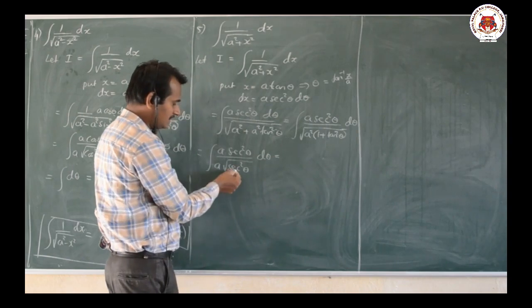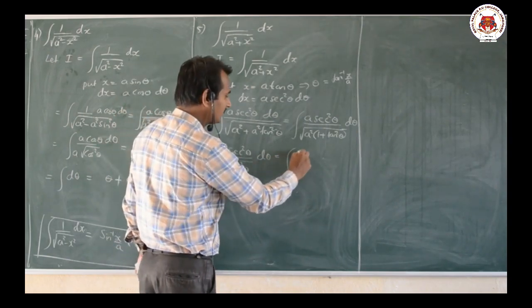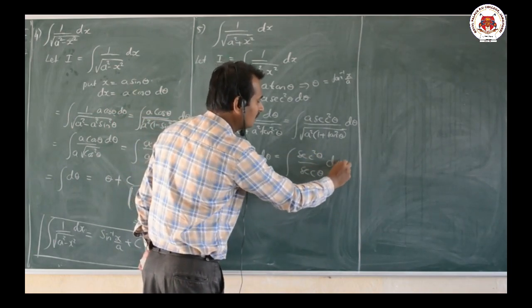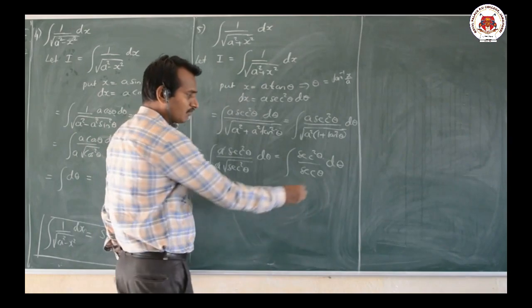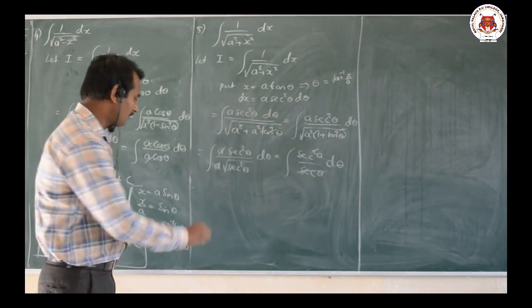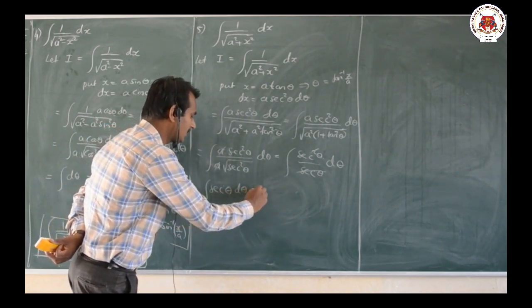Now the secant square root gets eliminated, a gets eliminated, the remaining part is secant square theta divided by secant theta into d theta. Now secant cancels and what remains is secant theta, which is equal to integration of secant theta d theta.